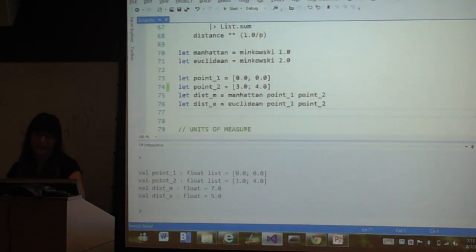It's not being redefined later in the code. I didn't add it to 1. Point 2 is now always going to be 3 and 4. I just changed the code. But you couldn't have 2 lines in a row that said let point underscore 2 equal blah blah. No.